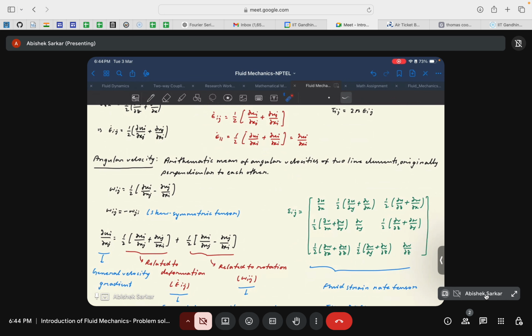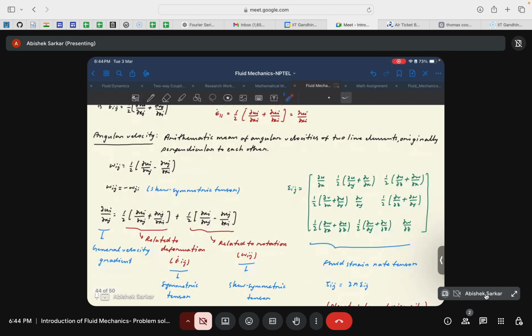You will see that components such as epsilon xy and epsilon yx are actually the same. So this component and this component are equal, this and this are equal, and this and this are equal. So basically this shows that this is a symmetric tensor. If you want to be very sure, just take the transpose of this tensor and you will see that you get the same result. So these are symmetric tensors.